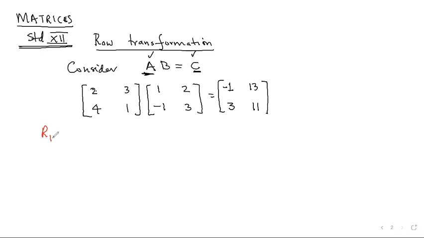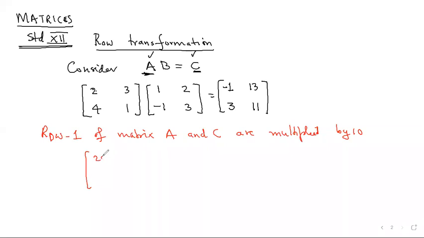R1, row 1 of matrix A and C are multiplied by 10. So what do you get? 20, 30.